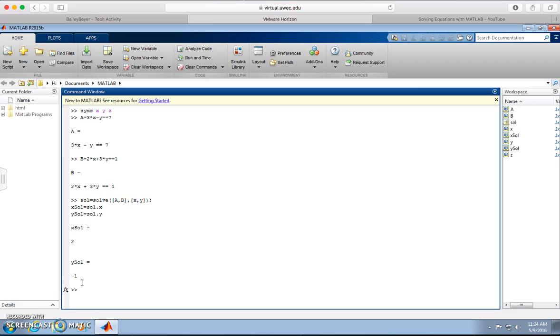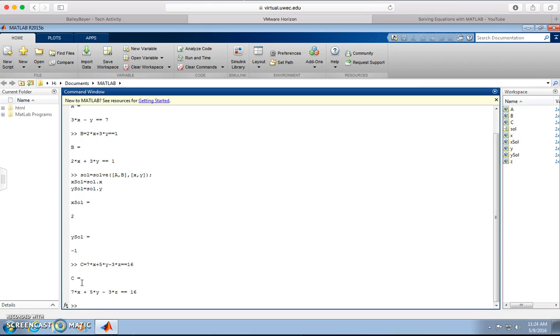So we'll define our new equation as equation C. So we'll say C equals 7 times x plus 5 times y minus 3 times z equals 16. Enter. Equation D equals 3 times x minus 5 times y plus 2 times z equals negative 8.